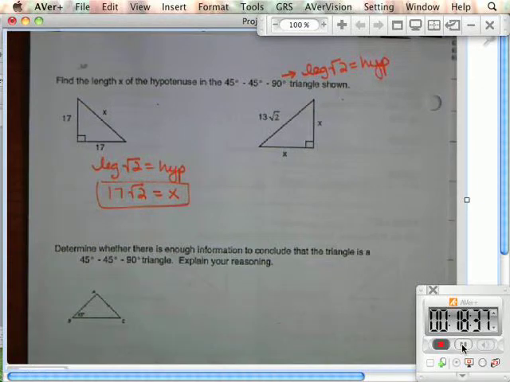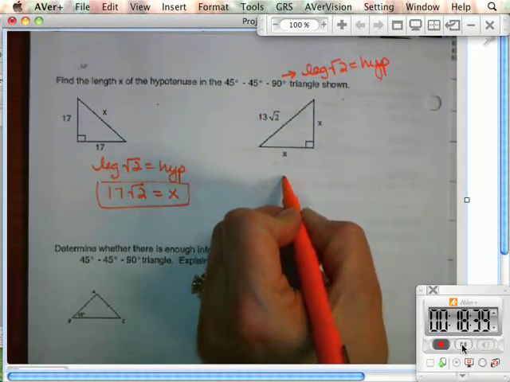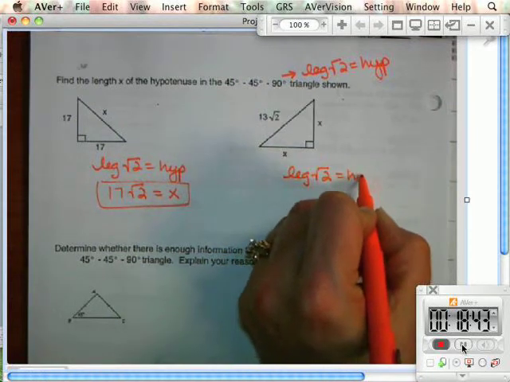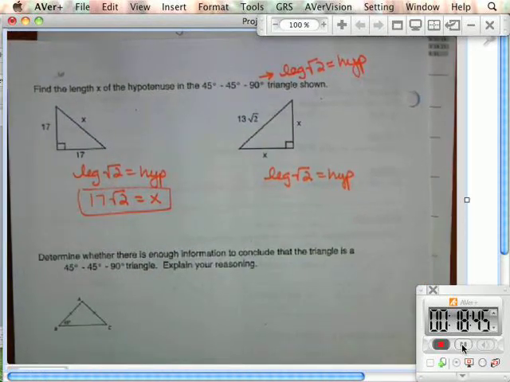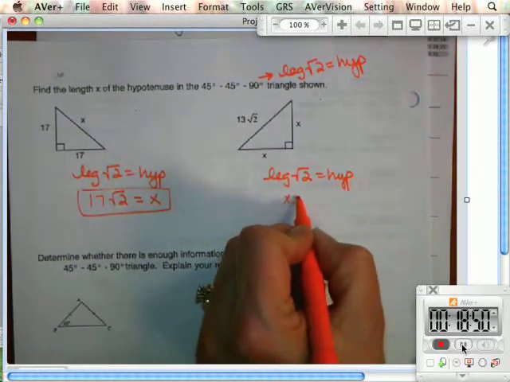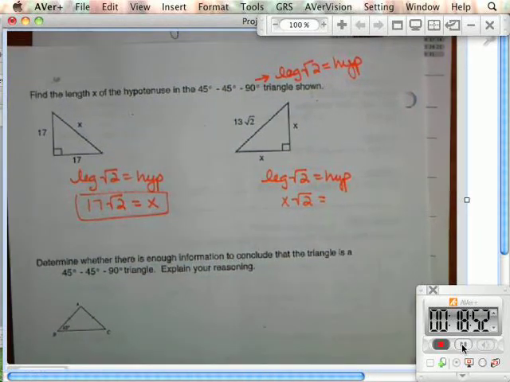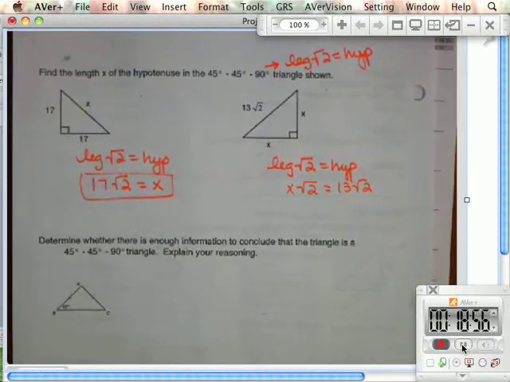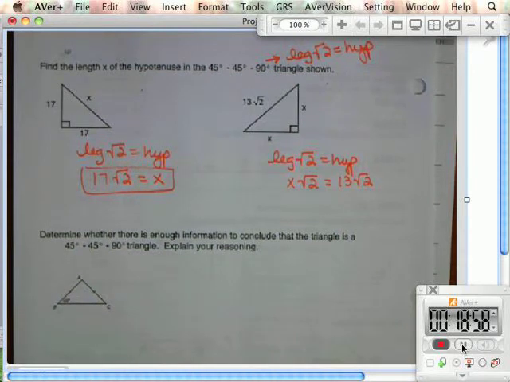Okay, this is also 45, 45, 90. So that means that the leg times the square root of 2 equals hypotenuse. Plug in what you know. How long is the leg? How long is the hypotenuse? 13 times the square root of 2. I've got to solve for x.